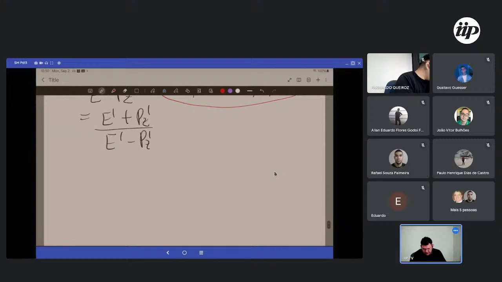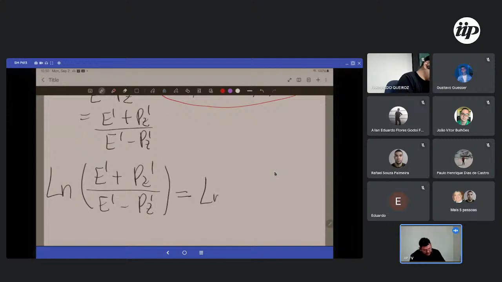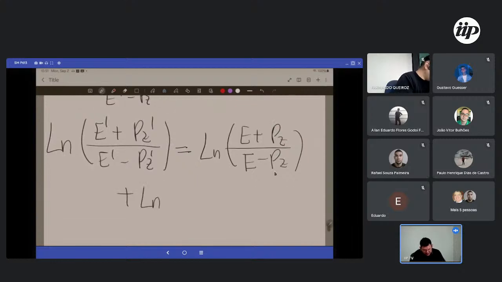If we take, for example, the logarithm of E plus pz over E minus pz, it is equal to the logarithm of E plus p minus p, plus the logarithm of that quantity, sinh beta minus sinh beta squared.